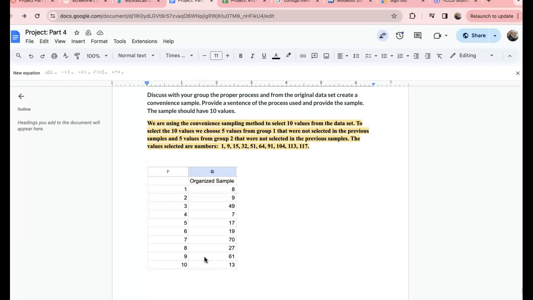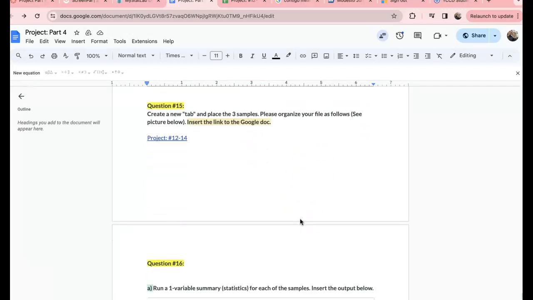We just chose 5 values from one group that were not selected, and then 5 values from another group that were also not selected, and those came from our two groups from creating the stratified sample. The values that we selected were 1, 9, 15, 32, 51, 64, 91, 104, 113, and 117, and you'll see those organized here.